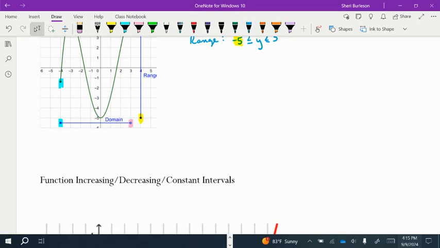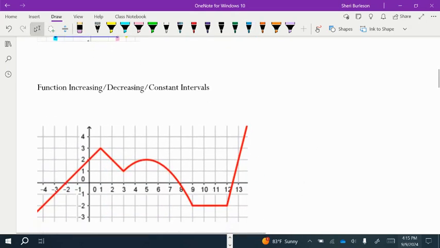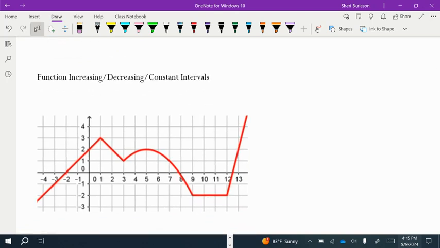Now, one of the things when we're talking about the behavior of a function is we need to talk about where the function is increasing, where the function is decreasing, where the function is constant, what intervals the function has these behaviors happening.